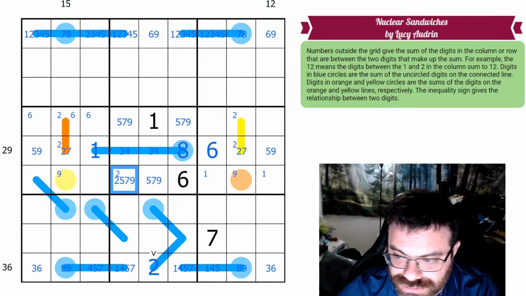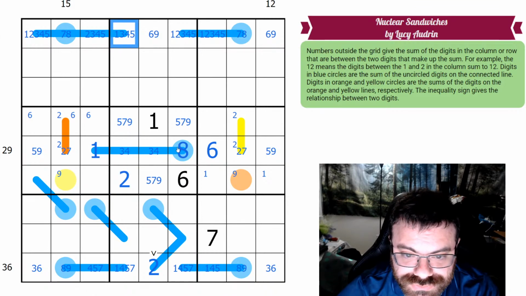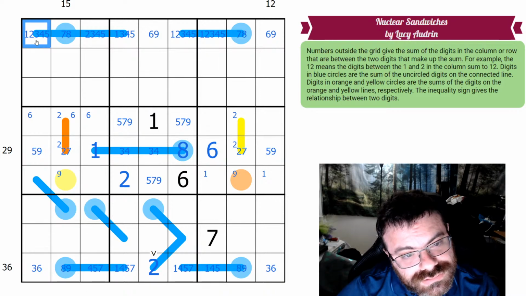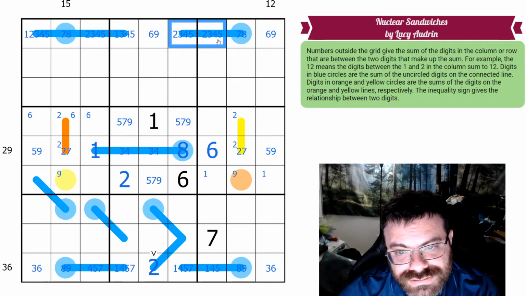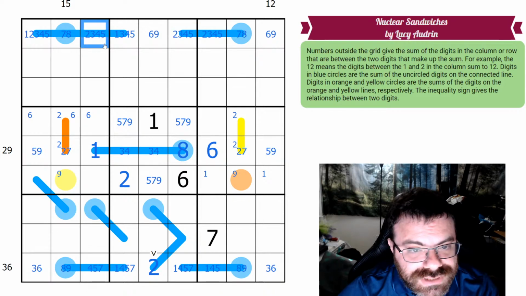So that's a 2, so that's not 2. If this were a 1... Oh, right, these together add 2. Right, this needs a 1 on it, so these can't have a 1. Yeah, all the rest are possible.